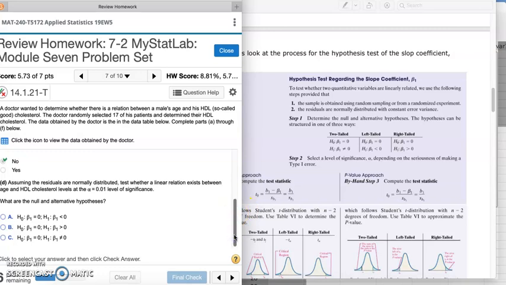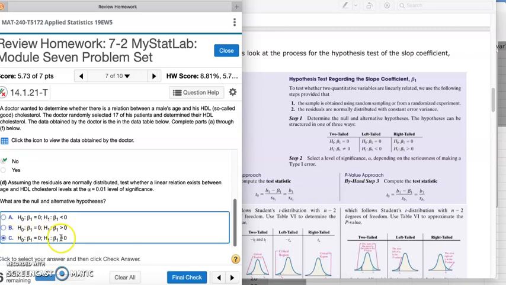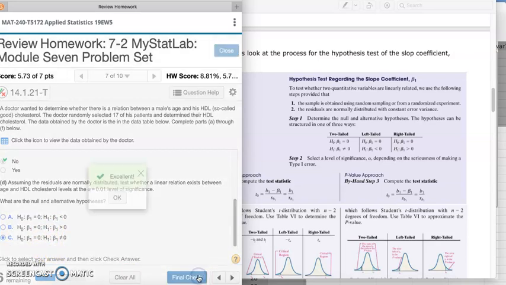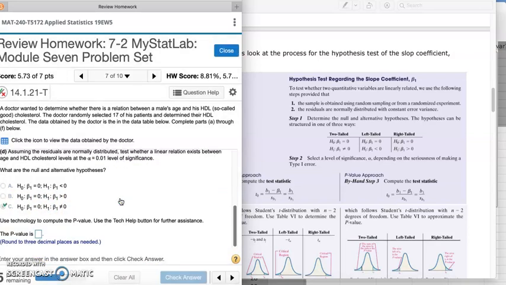Remember, the slope is the sign of the correlation. If you have a really high slope close to 1, either positive or negative, that would tell you that there's a high or a very strong linear correlation. So as we see here, our only option is that the slope is not equal to 0. So final check. Excellent.